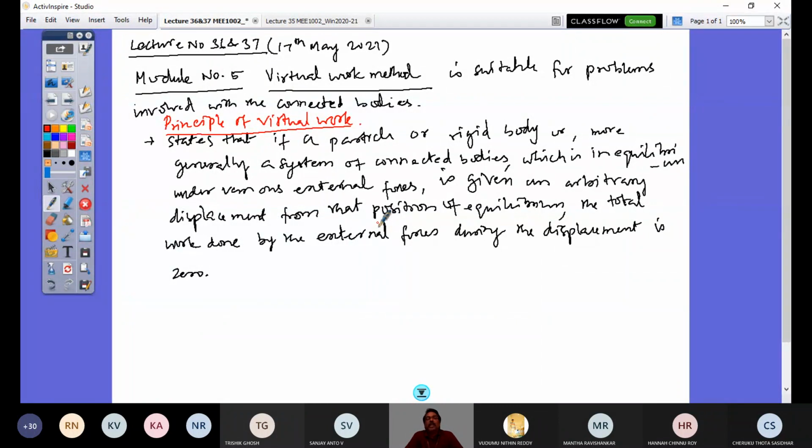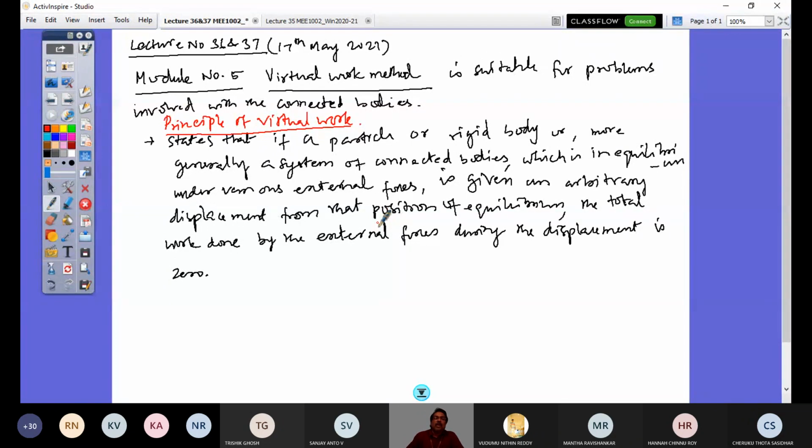Because if we have a force acting on a body and there is a displacement due to that, you would be able to define the work done by that force on the body. So there is work done in the system. You know there cannot be any displacement, but you assume that displacements take place from the equilibrium position, consistent with the constraints offered in the system of connected bodies, and the sum of the total work done is said to be zero. That is called the principle of virtual work.